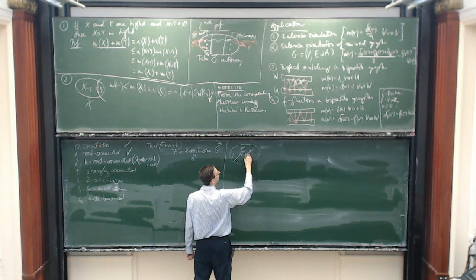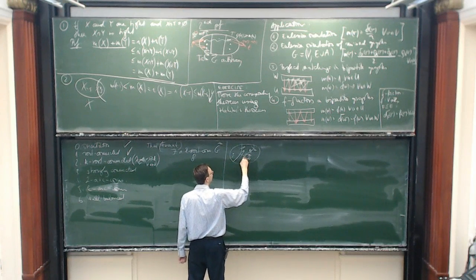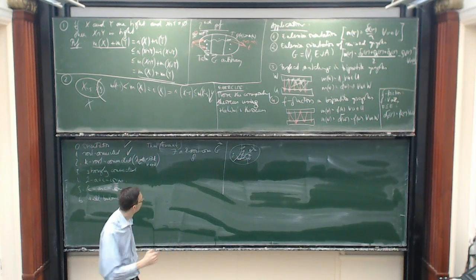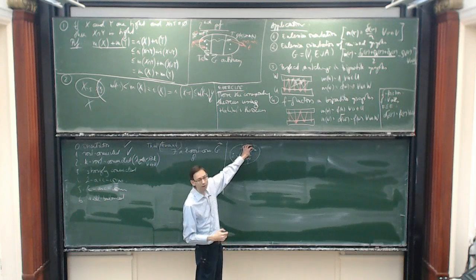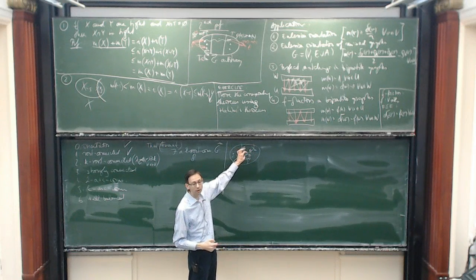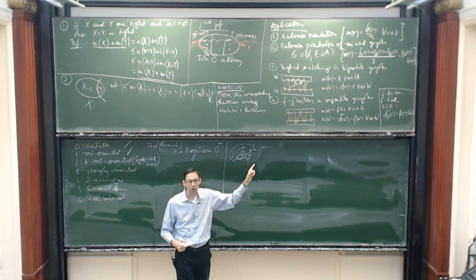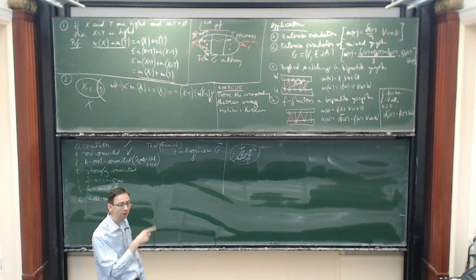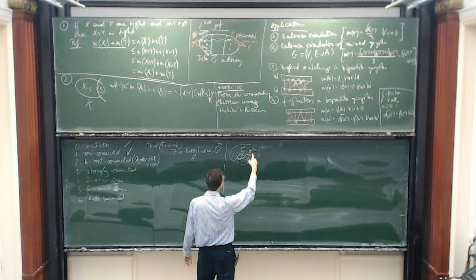For this one as well, there will be at least K arcs entering. For this one as well, there will be K arcs entering. For this one, we don't know anything. Which means if you add the in-degree of this set, this set, this set, this set, which is exactly the number of edges between the different members of the partition, is at least K times P minus 1, where P is the number of members of the partition.